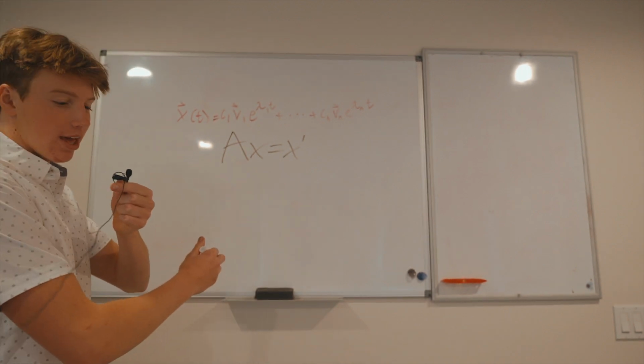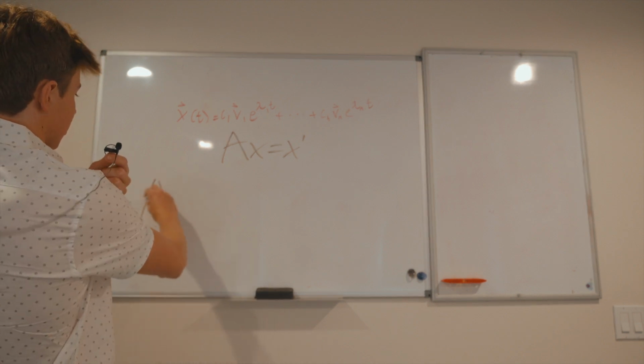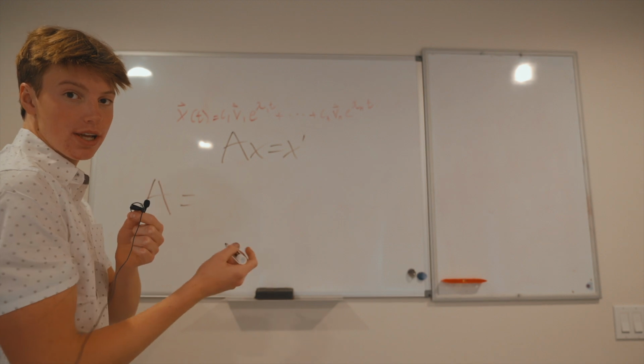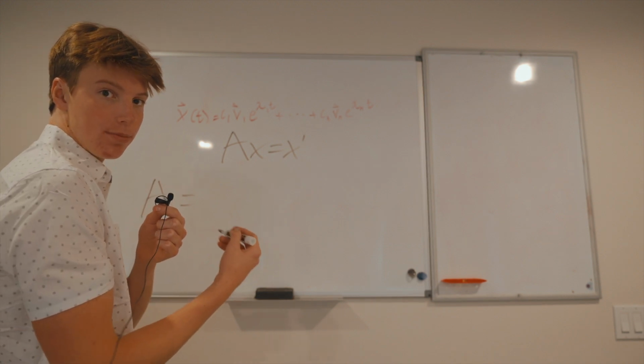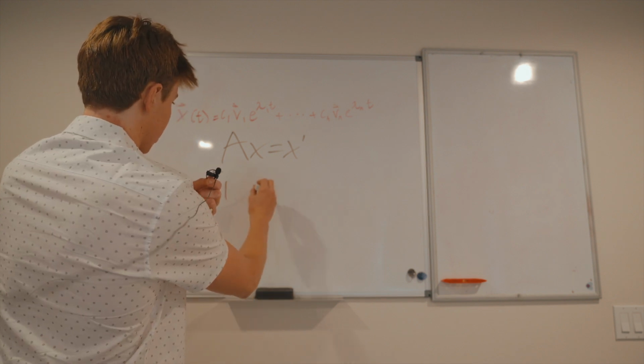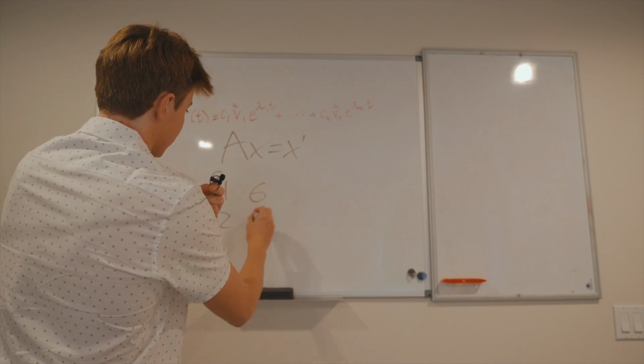If we have this equation here, then we will do an example problem. If we have the A matrix, which has n linearly independent columns, in this case, A will be a 2 by 2 matrix with columns 1, 2 and 6, 2.